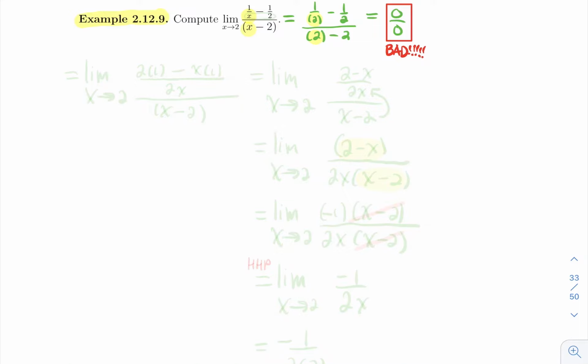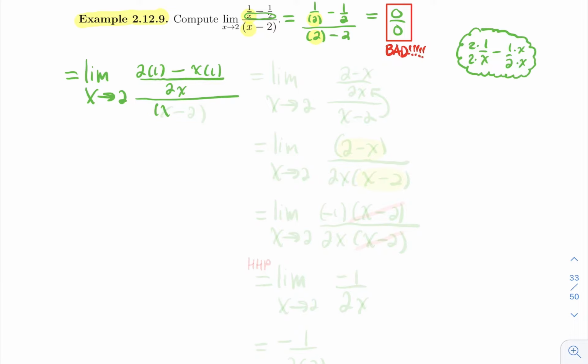Okay, so here we go. Here my common denominator for the numerator, so between x and 2, is going to be 2x. So just by doing a cross multiplication here, this limit will become the limit as x approaches 2 of 2 times 1 minus x times 1, all that divided by 2x, all that divided by x minus 2.